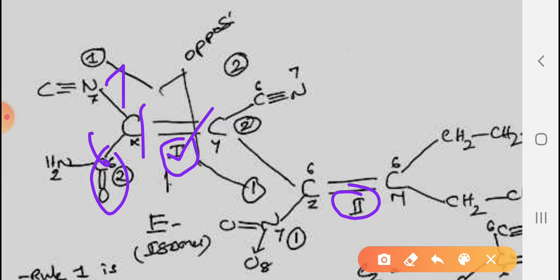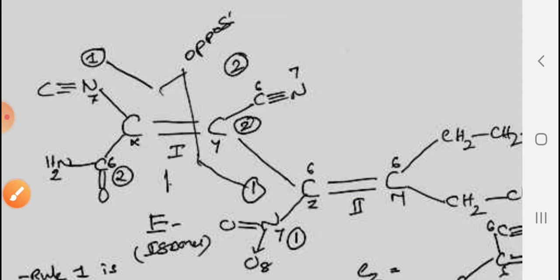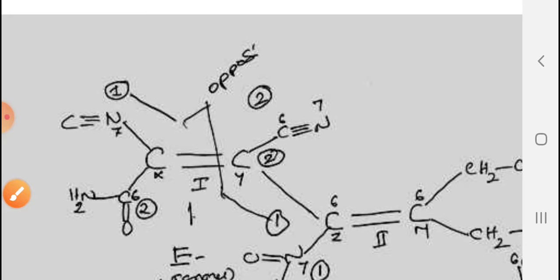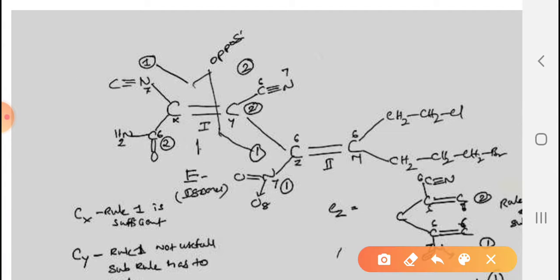Automatically we decide that here it is first preference, second preference by using rule number 1. Over. By rule number 1 only, we can decide that it is first, it is second. No need of sub rule also.